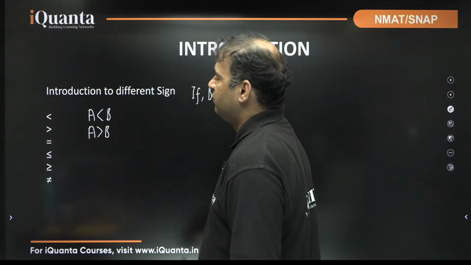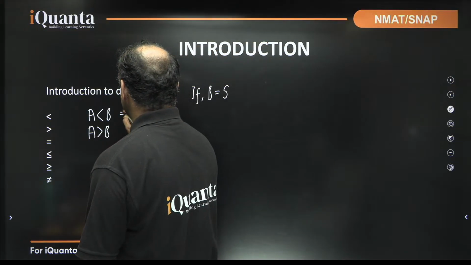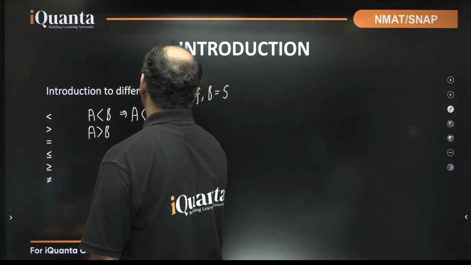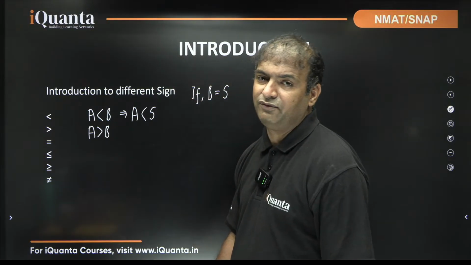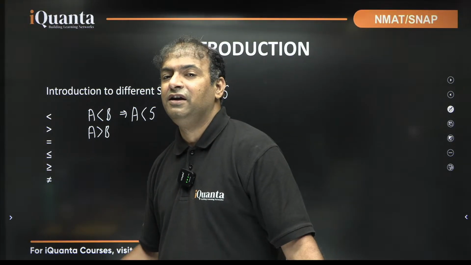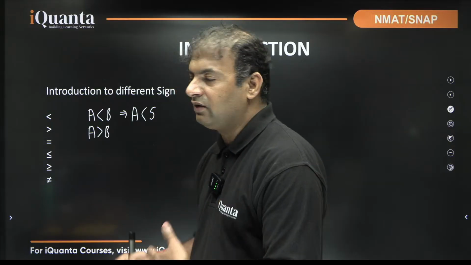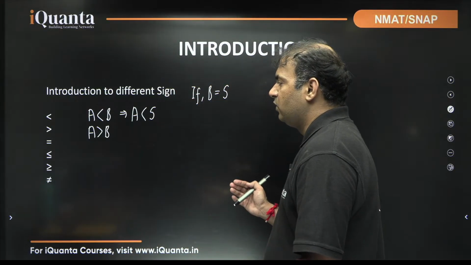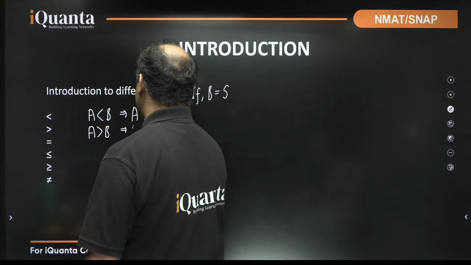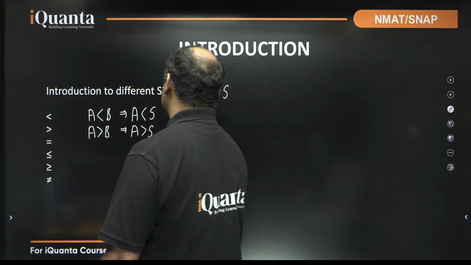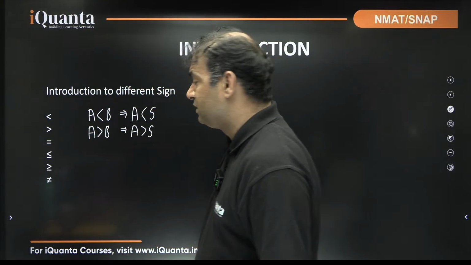So if A is less than B, that means the value of A should be less than 5. Less than 5 could be anything: 1, 2, 3, 4, 4.2, 4.5, 4.9, 4.99, minus 2, minus 3. All the values which are less than 5 can be the values of A. Similarly here, if B is 5 and A is greater than B, we can say A should be greater than 5. Simple as this.